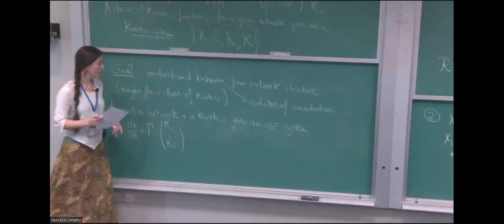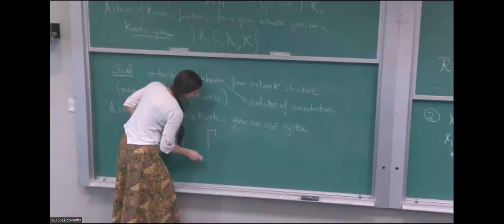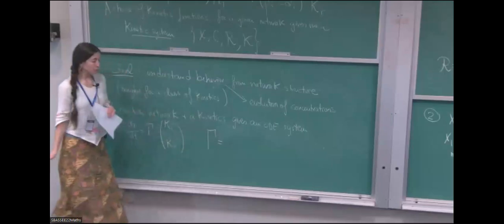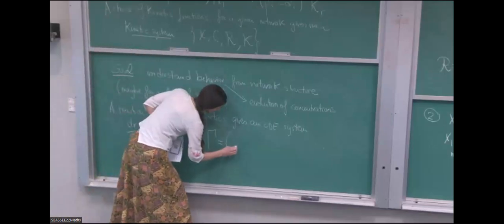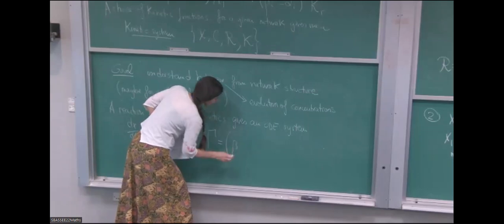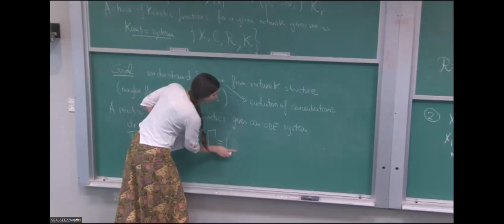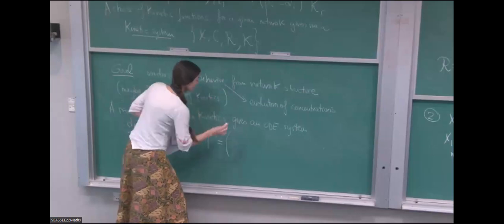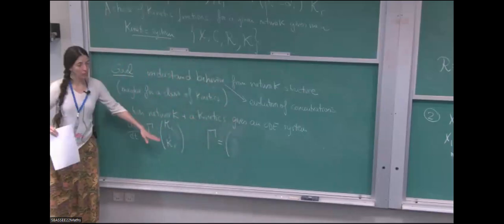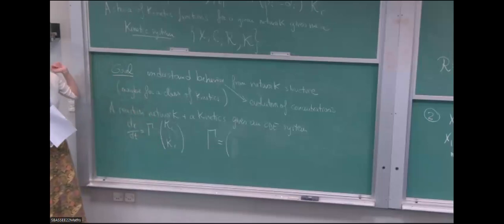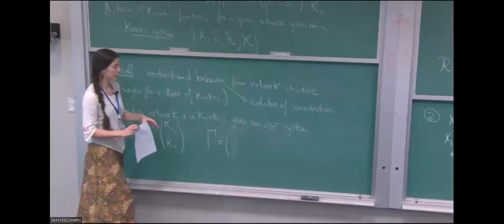And then this matrix will have as entries, maybe I write all of this. It will have one column for each reaction, because it will multiply this vector, and then one row for each species.